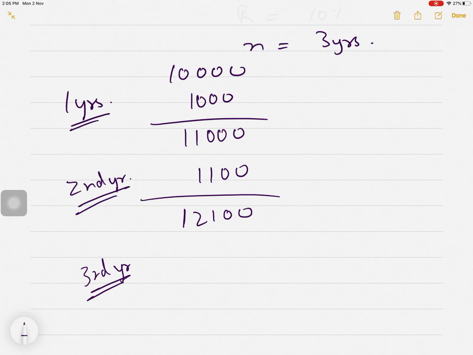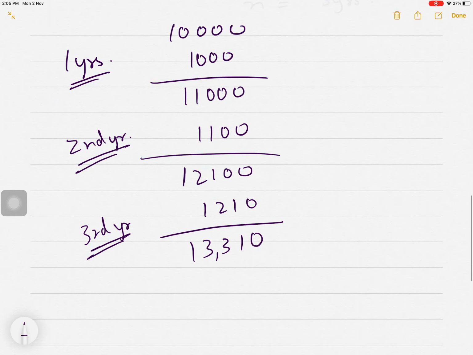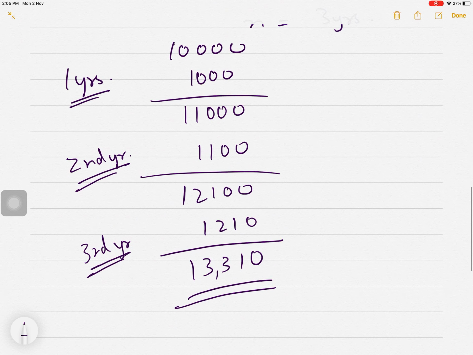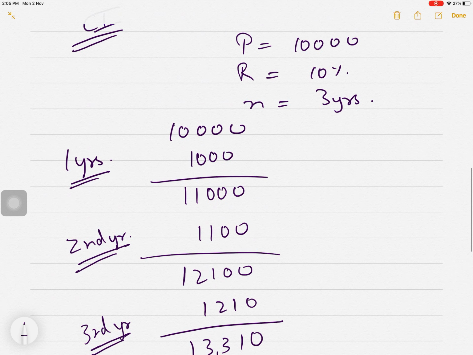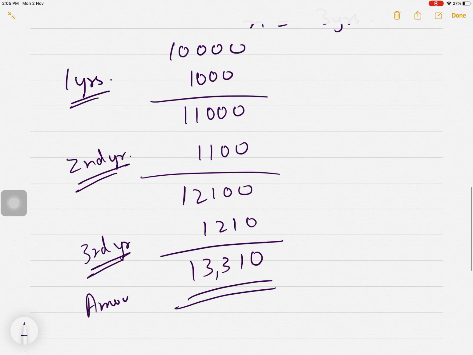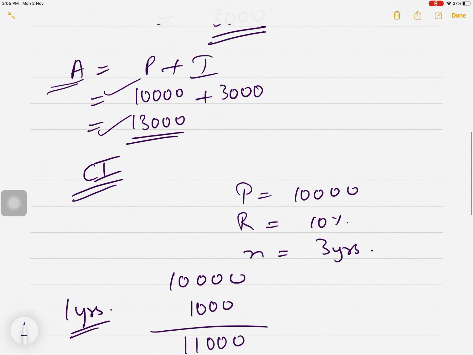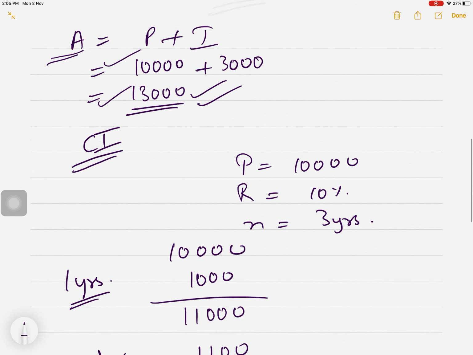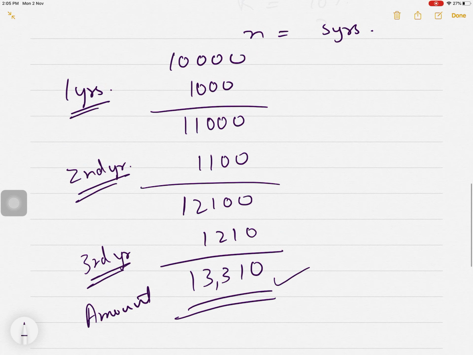So in case of compound interest, you get interest on interest. So it comes to 1,210, and my amount becomes 13,310. In simple interest for 3 years, my amount was 13,000, but in compound interest, my amount is 13,310.